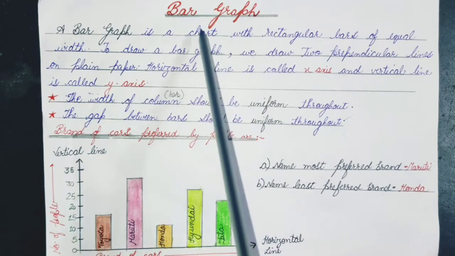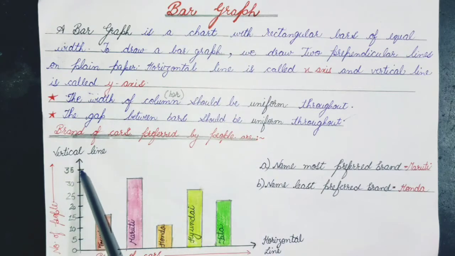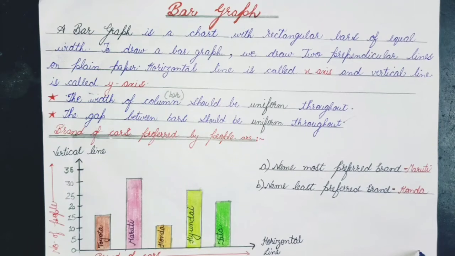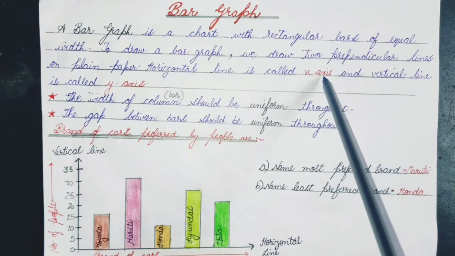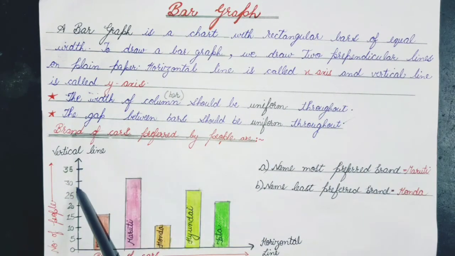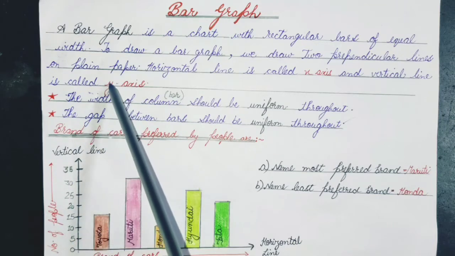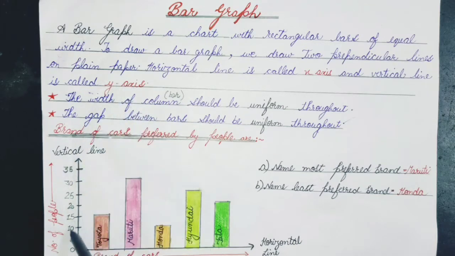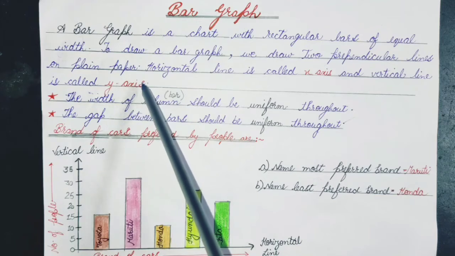This horizontal line which you are looking here is known as x-axis, and this vertical line is also called as y-axis.